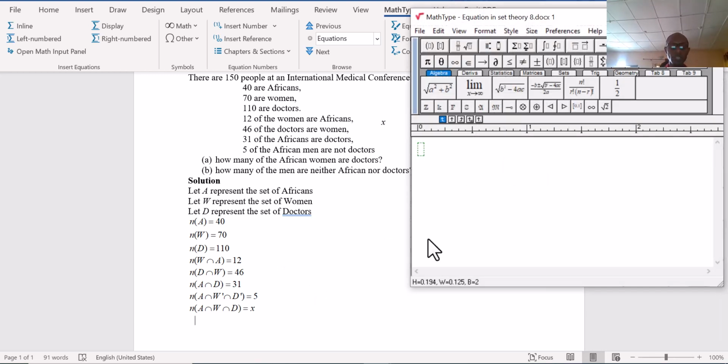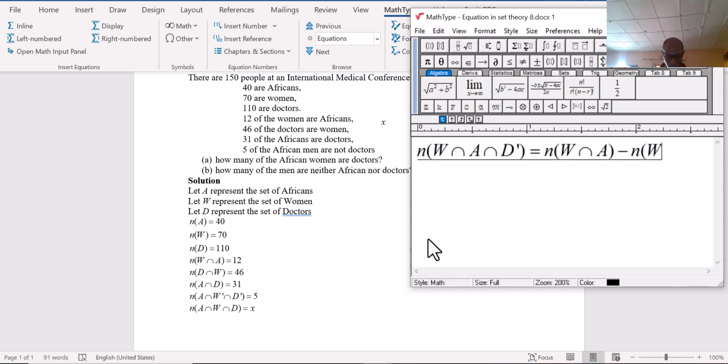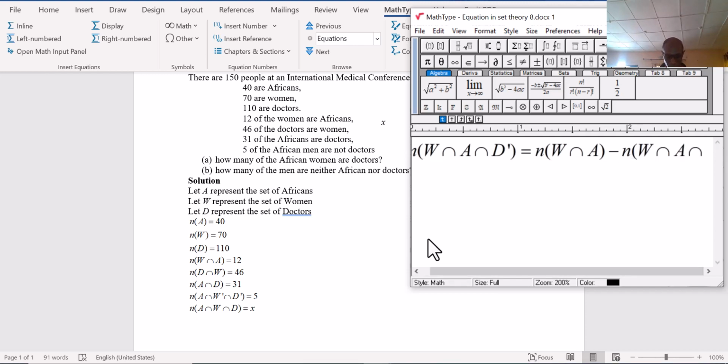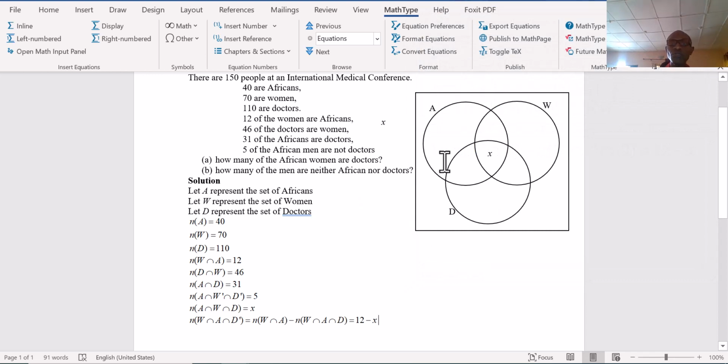W intersection A intersection D complement is equal to W intersection A minus W intersection A intersection D, which is equal to 12 minus X. So that is this region. W intersection A is this overlap here.